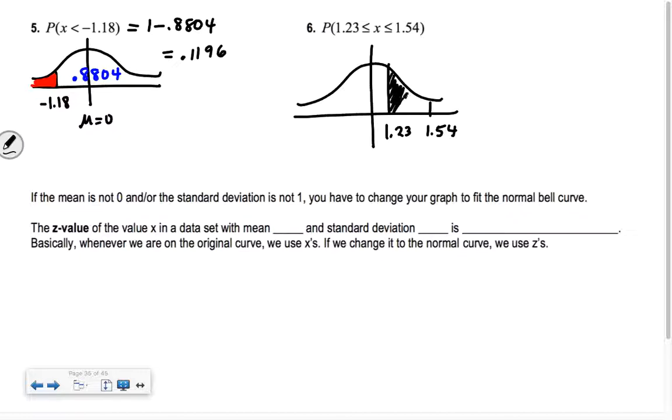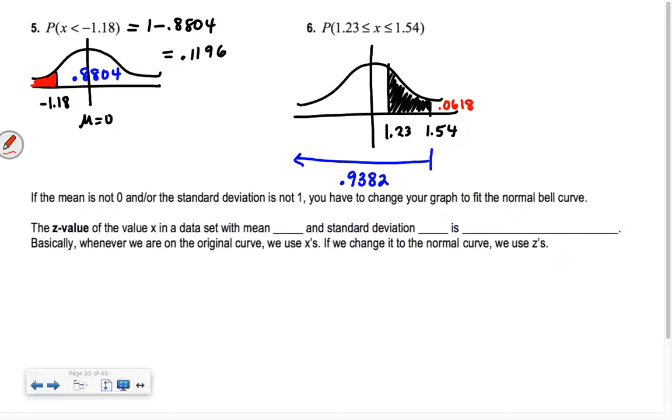So here's the part we're trying to find. And when we look up 1.54, we get a certain probability. What do we get? 0.9382. Okay, and then we could find that tail. So if you found the tail, you would get 0.0618. Did you guys have that? 0.0618.